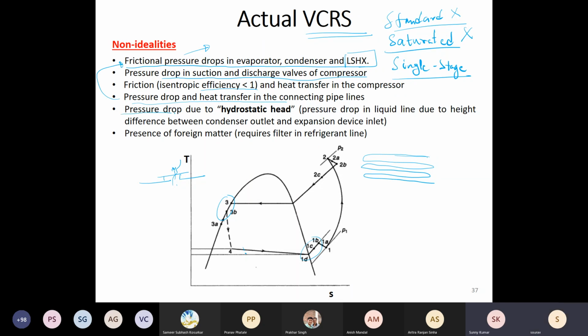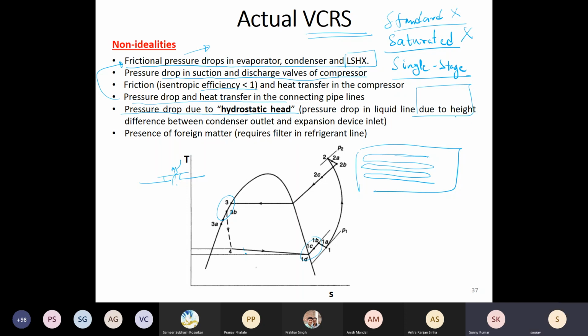You can also have pressure drops due to hydrostatic head. Now, what is this? Your indoor unit and the outdoor unit are not placed at the same height. That is a possibility.